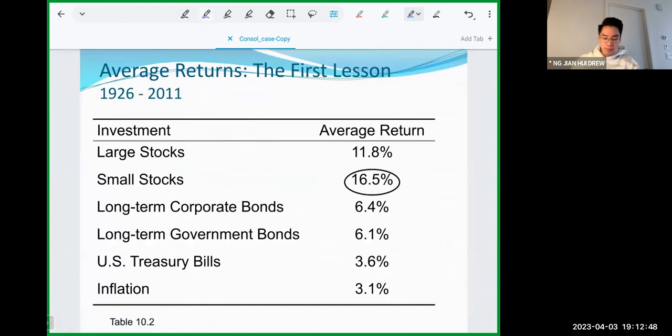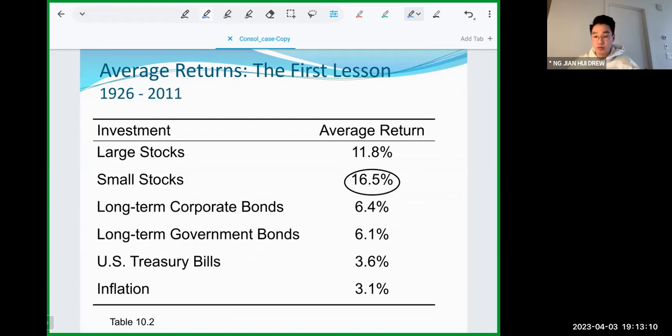What's important here is, do you notice which is the most risky asset based on what is in here? Which is the most risky in your opinion? As usual, let's type in the group chat.